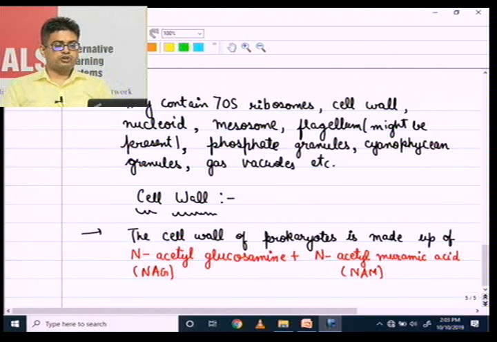The cell wall of prokaryotes is made up of NAG plus NAM. It's a cross-linked polymer. Together it is called peptidoglycan.